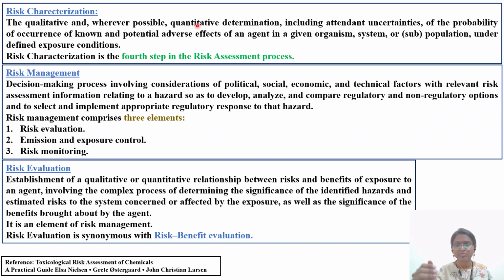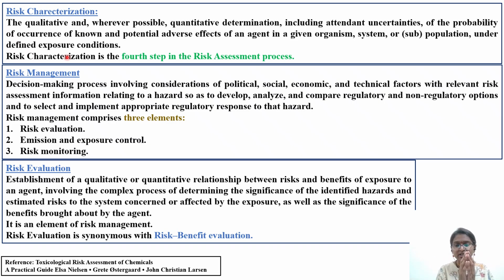Okay, this much amount of exposure, 20 gram to 30 gram, or 20 mg per ml, or 20 ppm, like that. You will be able to give quantitative determination, including attendant uncertainties, of the probability of occurrence of known and potential adverse effect of an agent in a given organism, system, subpopulation under defined exposure conditions.